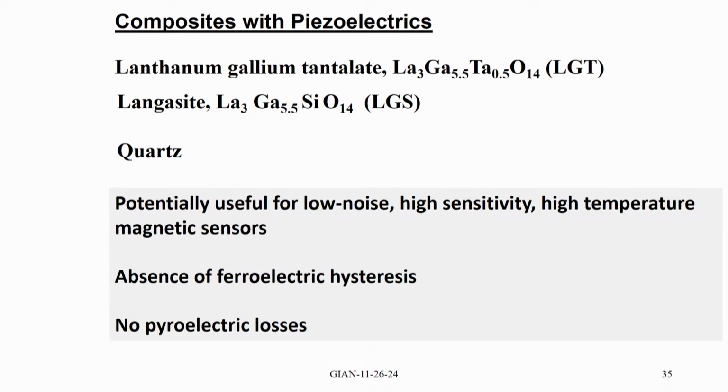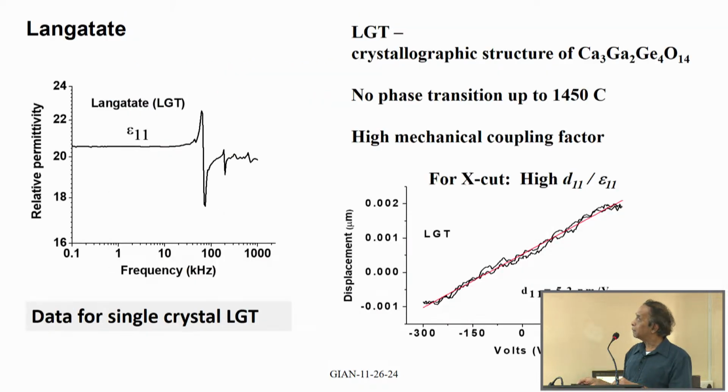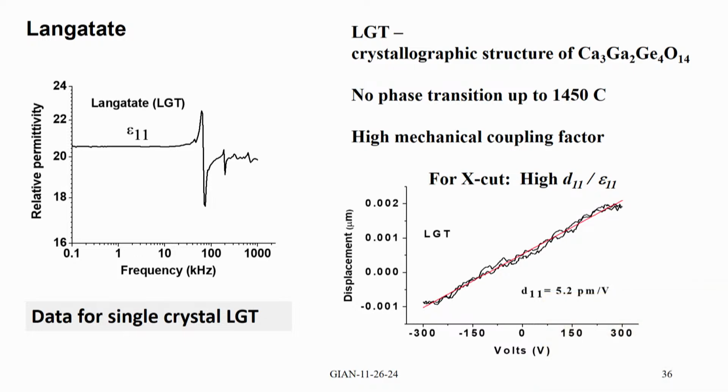So, I will discuss specific cases of composites with lanthanum gallium tantalate, langasite, quartz, and also gallium nitride and gallium arsenide. So, this is LGT, and what is shown on the left is how the relative permittivity changes with frequency.